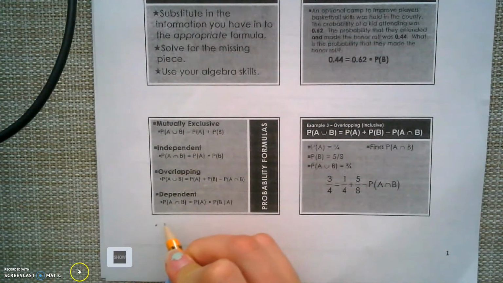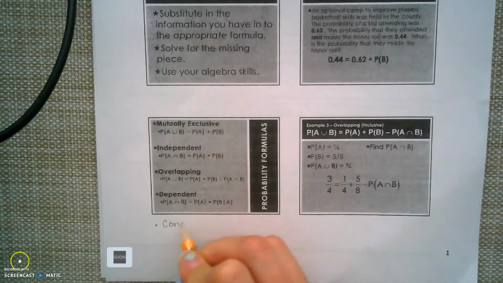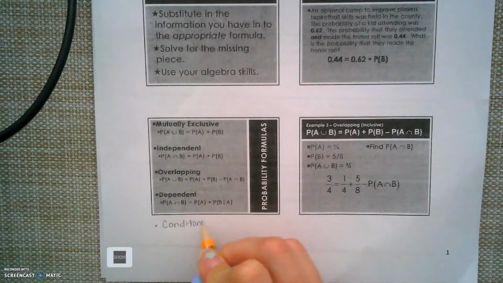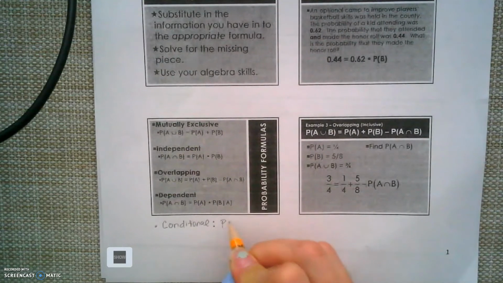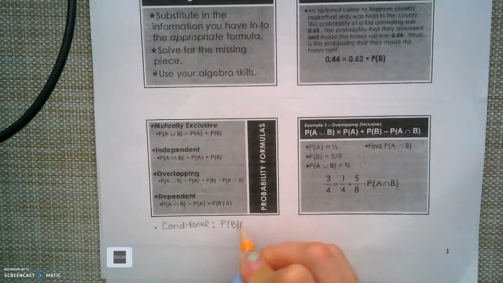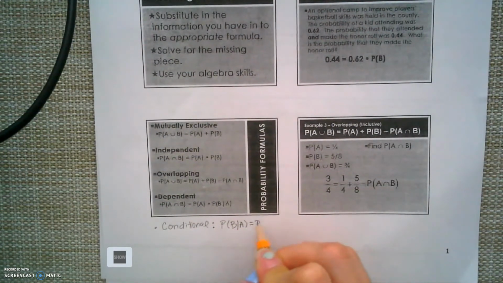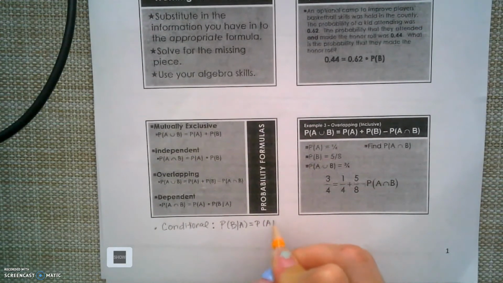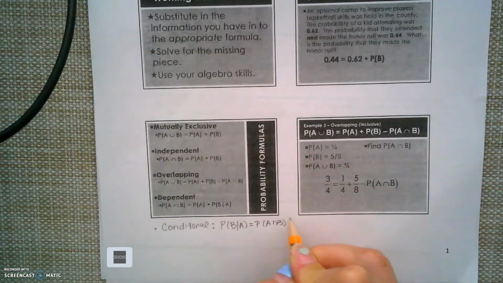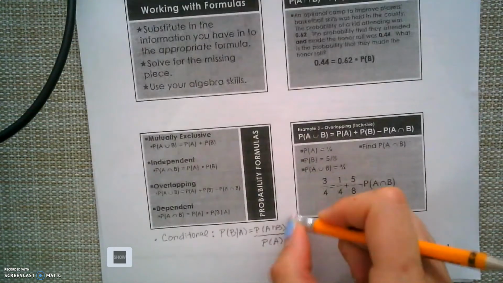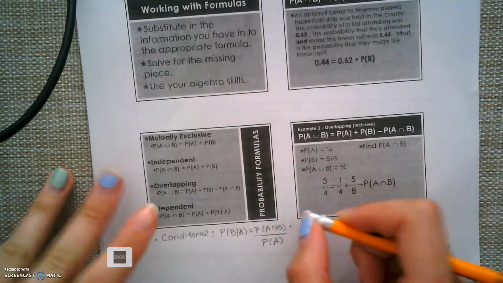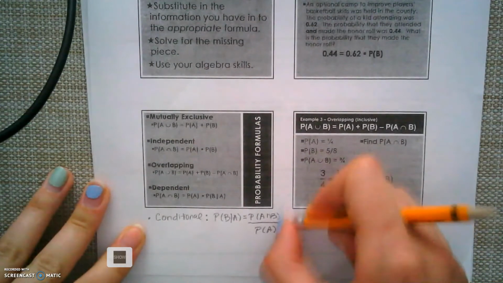So when we work with conditionals, remember we have the probability of B given A is equal to the probability of A and B, all over the probability of A. I was going to write the division sign, but that would look silly. So we could be using that too.